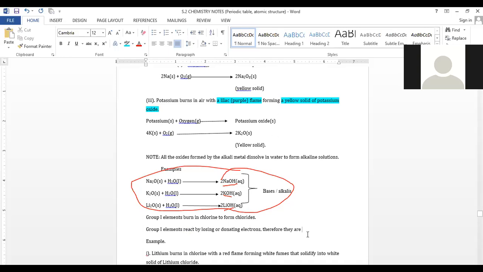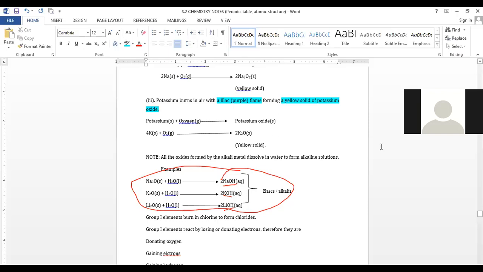So we've said we have those that donate oxygen, then the opposite, gaining electrons, then gaining hydrogen.